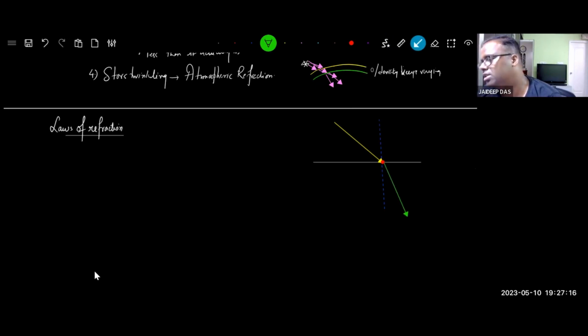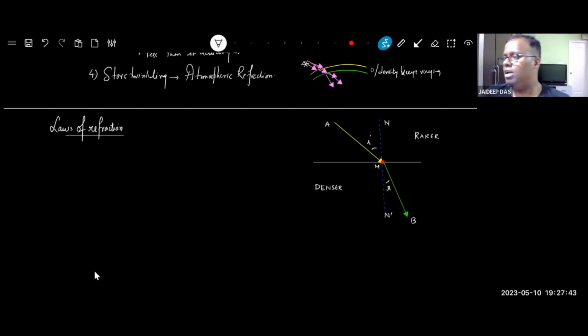I made it like this because in my diagram, I have assumed that this is a rarer medium and this is a denser medium. Okay. This is AB, AO, or AM, whatever you can write. Let this be MB, let this be N, N dash, let this be I, and let this be R, and let PQ be the interface.